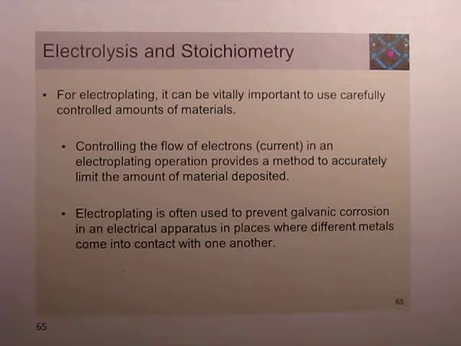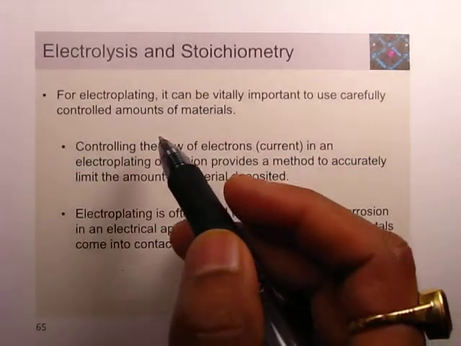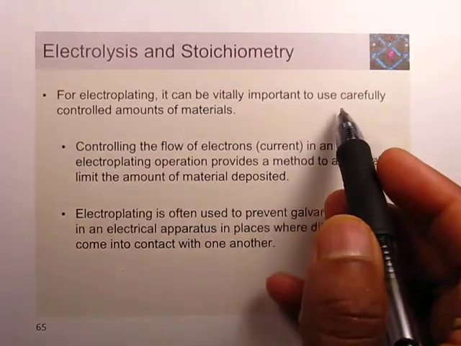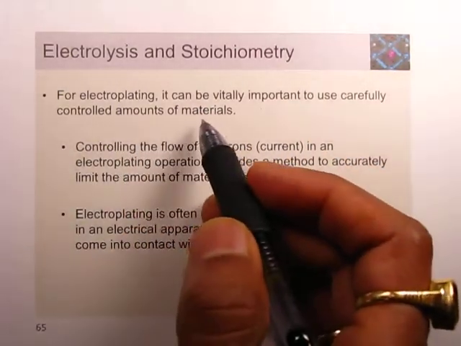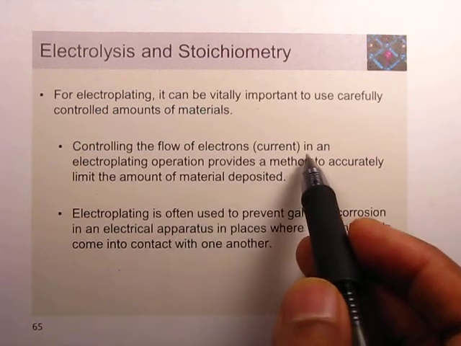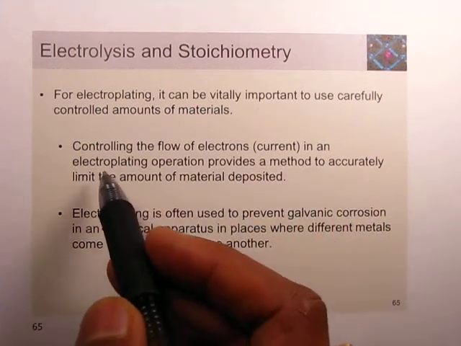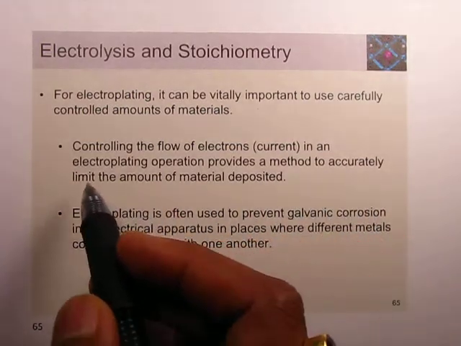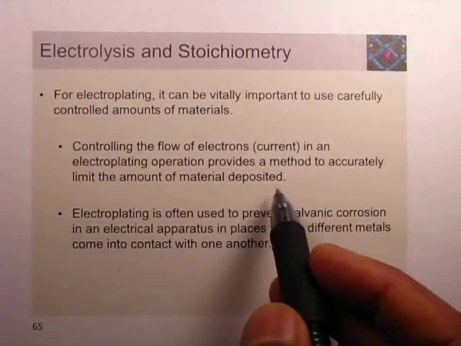Hello, so in this video we will study electrolysis and stoichiometry, or we can say the quantitative aspects of electrolysis. For electroplating, it is vitally important to use a carefully controlled amount of material. Controlling the flow of electron current in an electroplating operation provides a method to accurately limit the amount of material deposited.